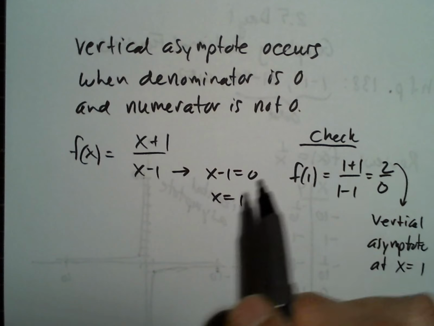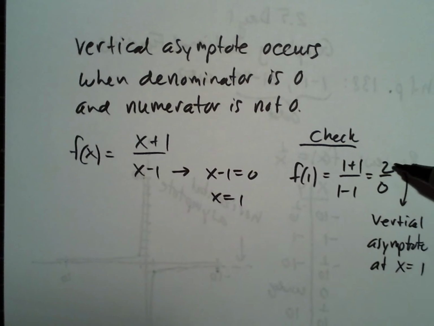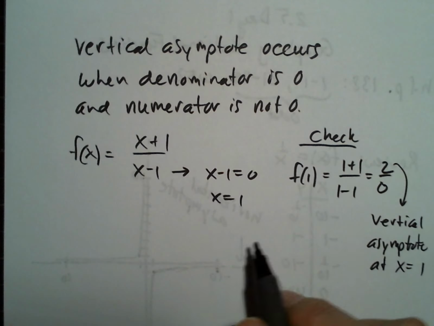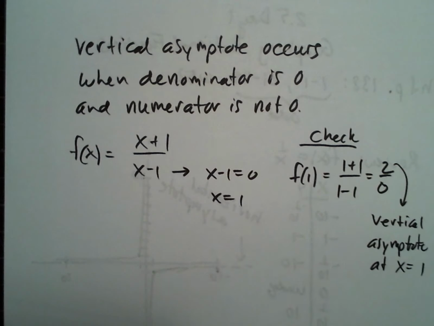We checked in the original function and we found that the numerator is not 0. So what we found here is a vertical asymptote.